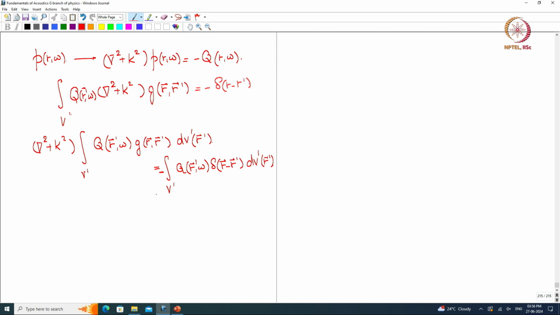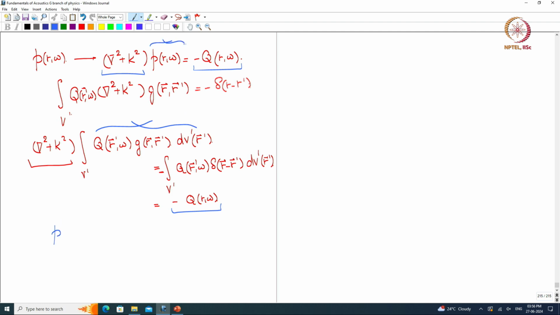So this is equal to minus q of r comma omega. We have this operator, and minus q of r omega on both sides, and therefore this must be equal to this, right? So what do we have?